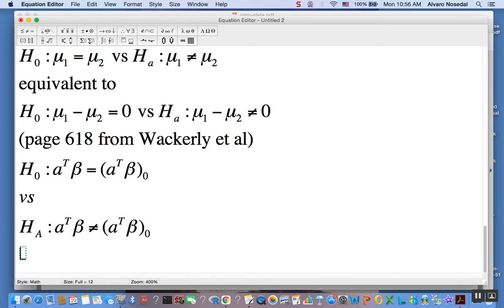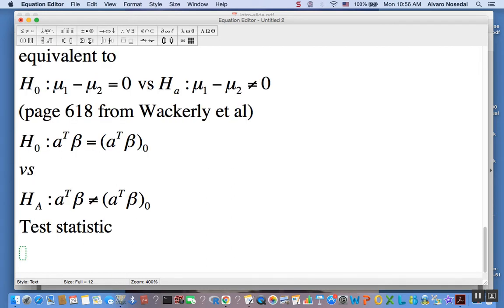So the test statistic is a t. Let me call it t star, and it looks like this.